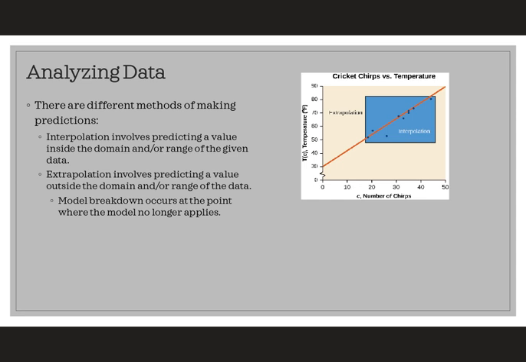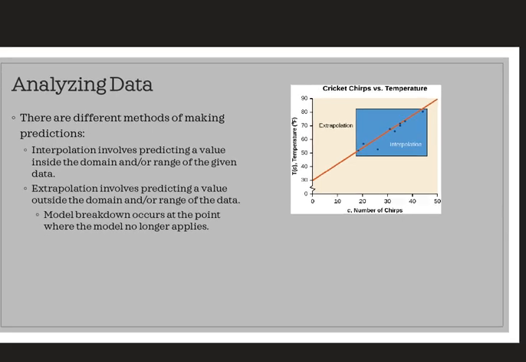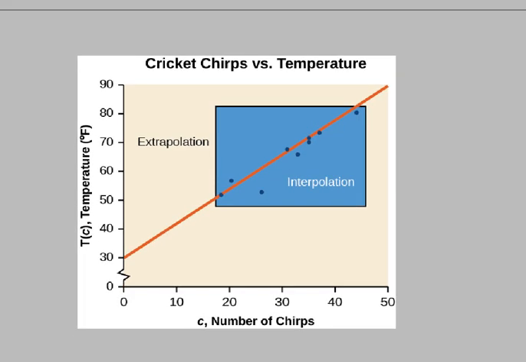Now, when we analyze this data, we are eventually going to start to make predictions about the data that we've collected. There are two ways to make predictions. One of them is inside of our data. This is exactly the same graph.